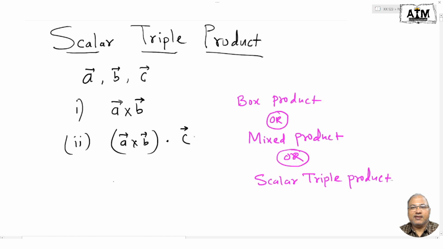Now this result of A cross B dot C is called a box product, also called a mixed product, also called a scalar triple product.